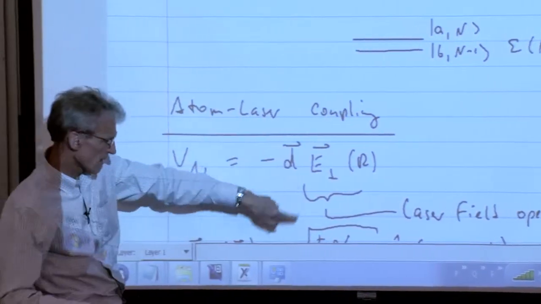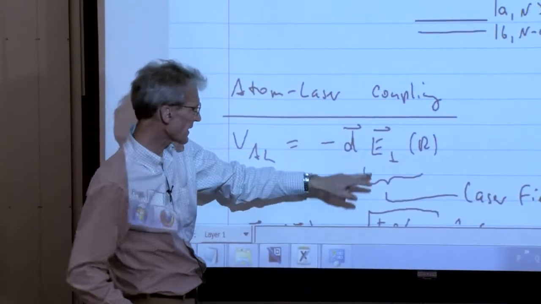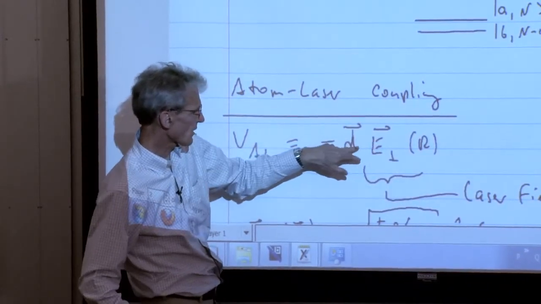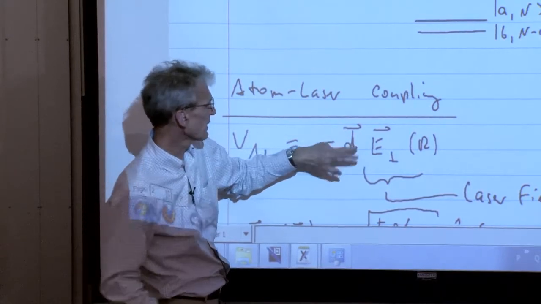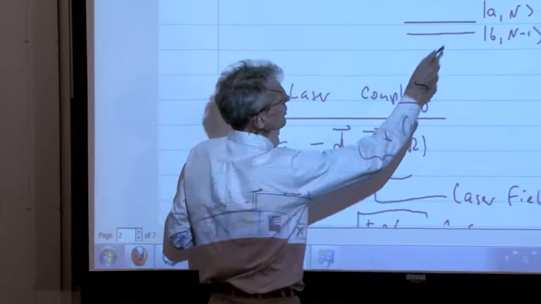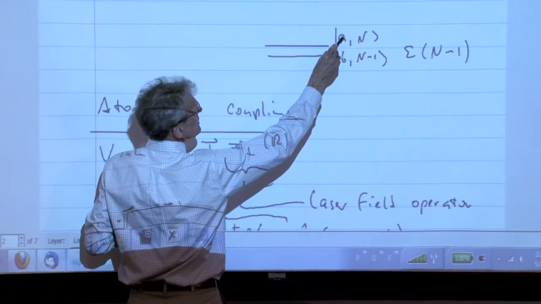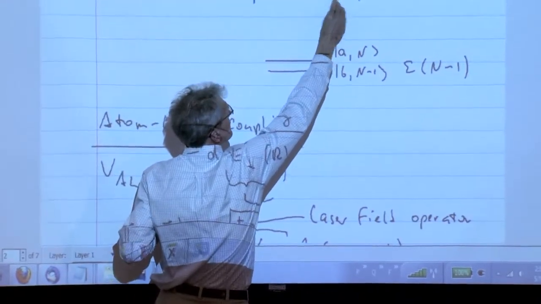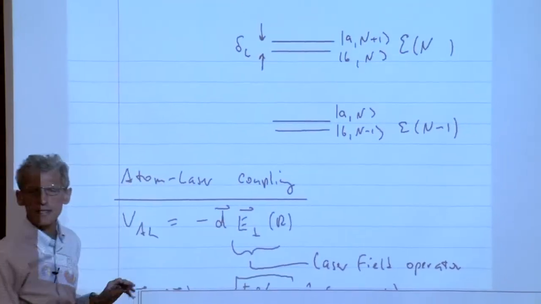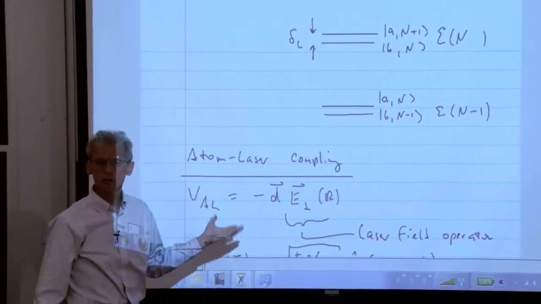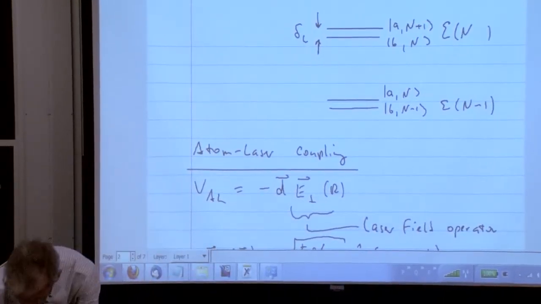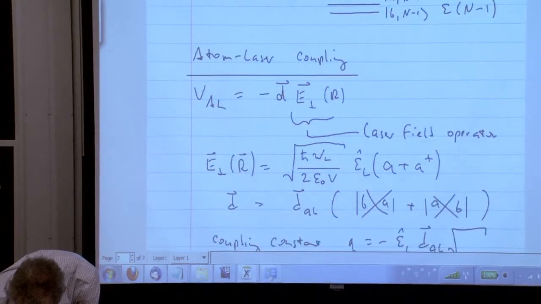Well, you will see that in the next line, but we have the co- and counter-rotating terms. This dipole Hamiltonian will also couple the ground state to the excited state in the other manifold. This is the off-resonant term, which we will neglect.